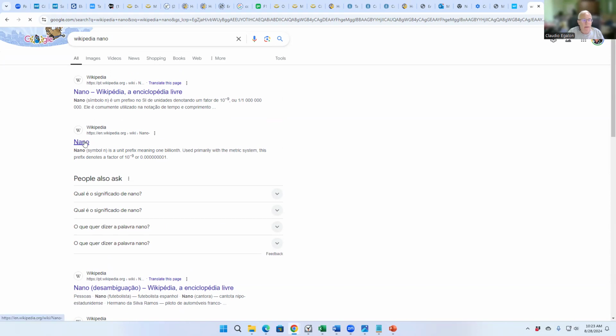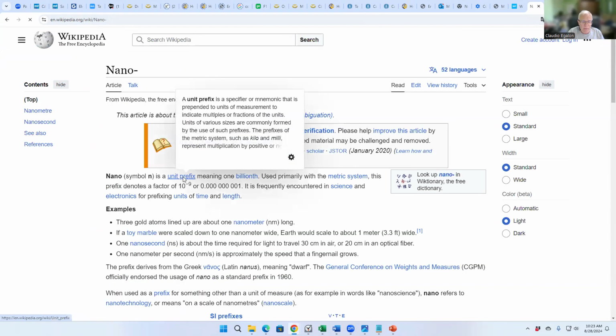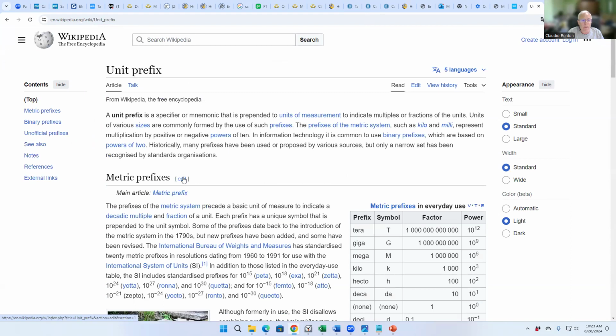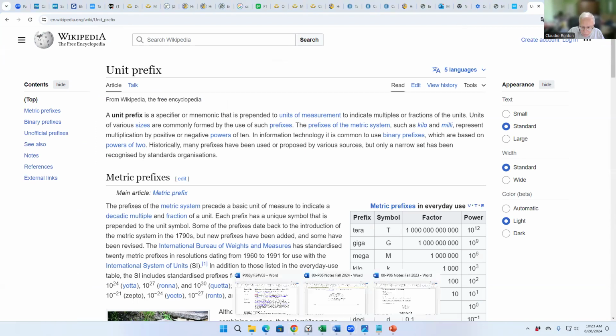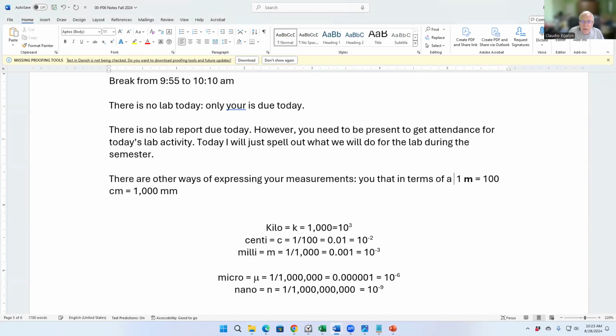Okay, here you go, nano is the unit prefix you want. You have all sorts, and let me write that down here. You express your measurement in terms of a unit prefix.